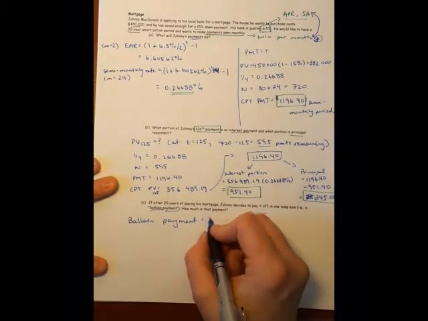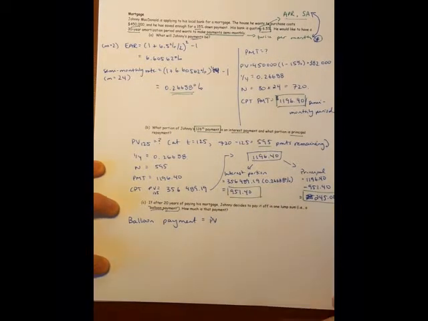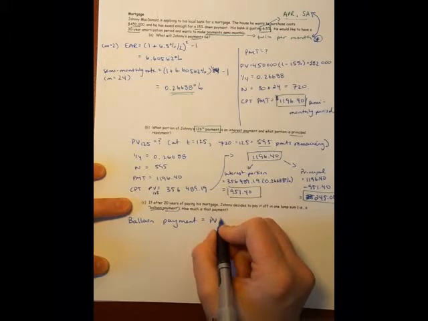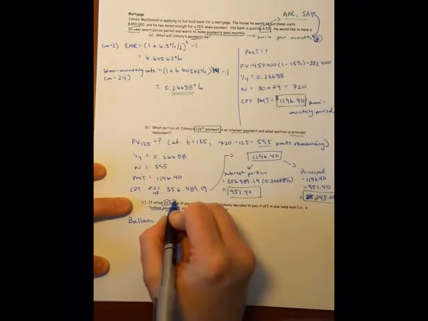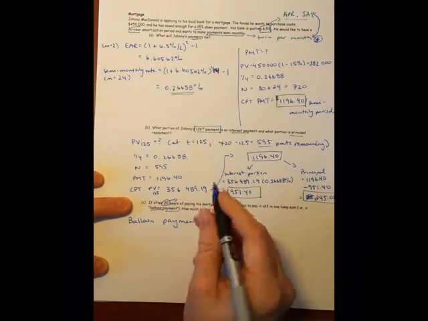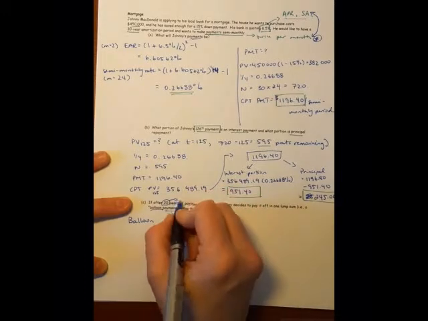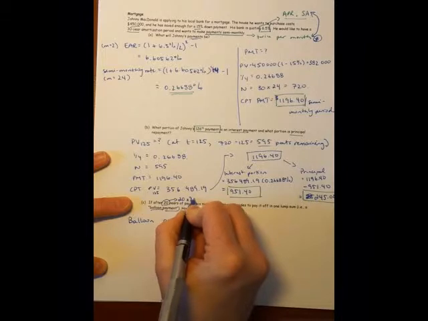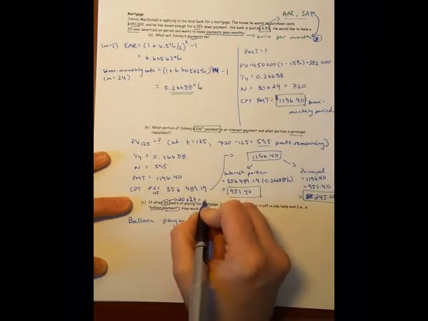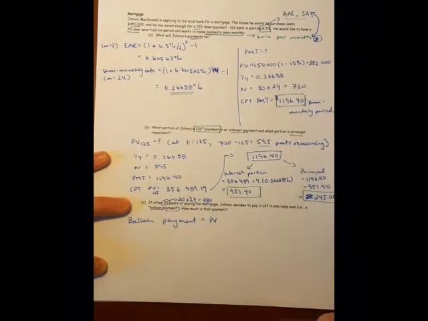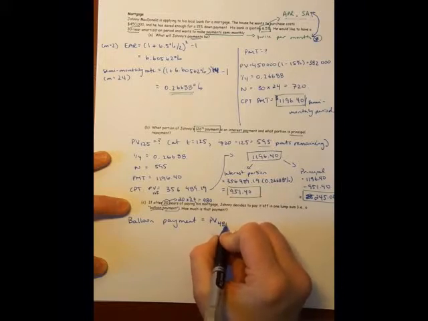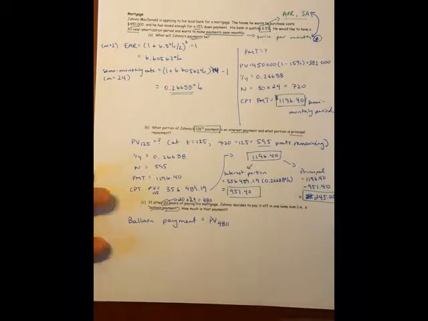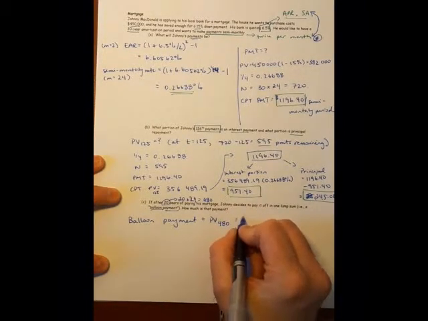So the present value of the loan at year 20. Year 20 is going to be, let's do this, 20 times 24, which is equal to 480.